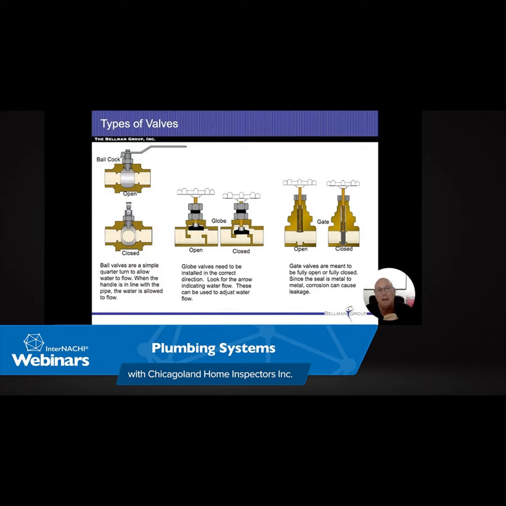All right. I want you to know the term dielectric union. Anytime we have dissimilar metals that are touching each other, and by dissimilar I mean aluminum, steel, copper, tin.